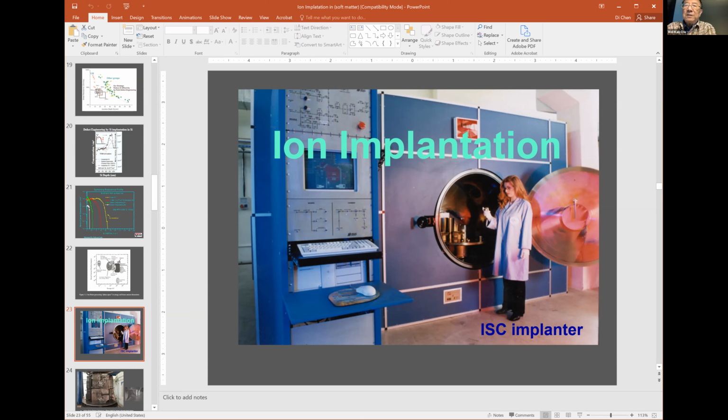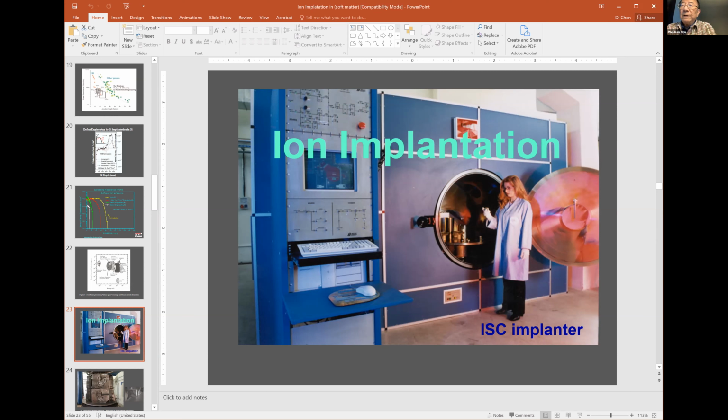If you implant nitrogen on the metal, it makes the metal very, very hard, and so it's strong. This is one application I'd like to mention, to show how useful implantation is.